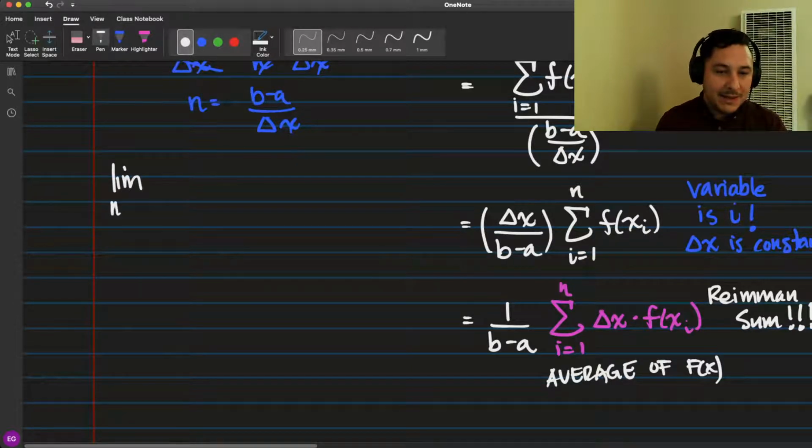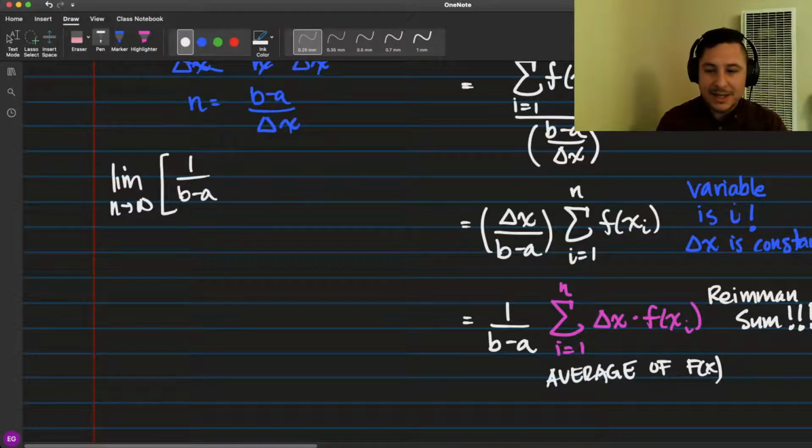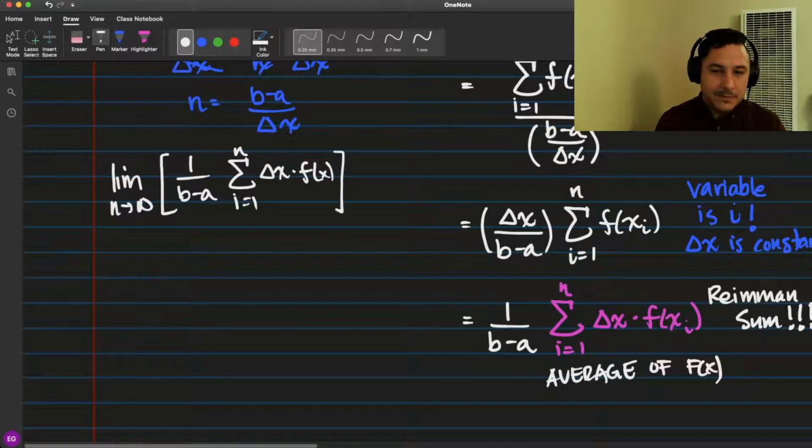I can take the limit as n goes to infinity of all of this: 1 over b minus a, sigma i equals 1 to n of delta x times f of xi. Now, the 1 over b minus a is a constant.